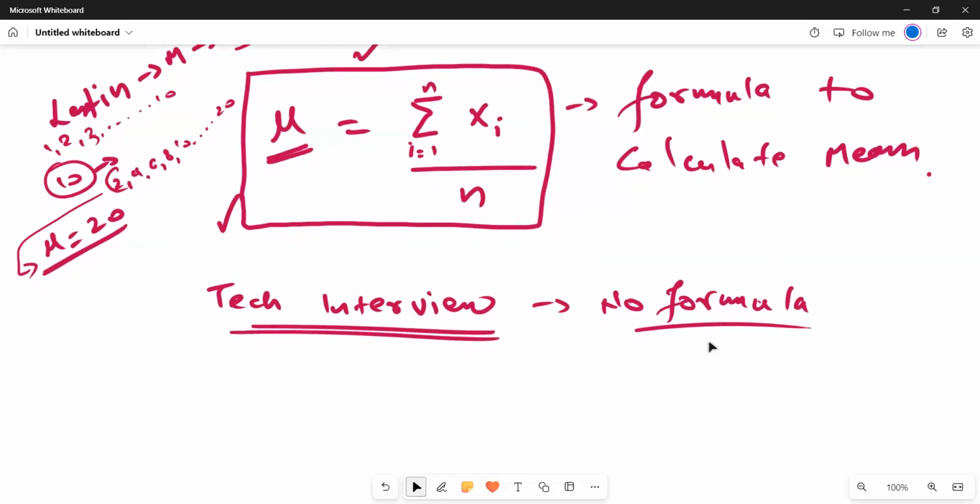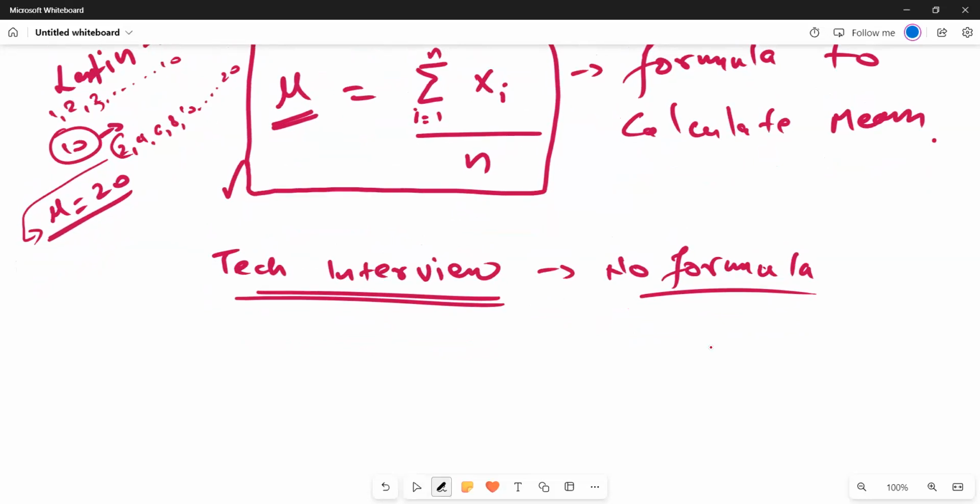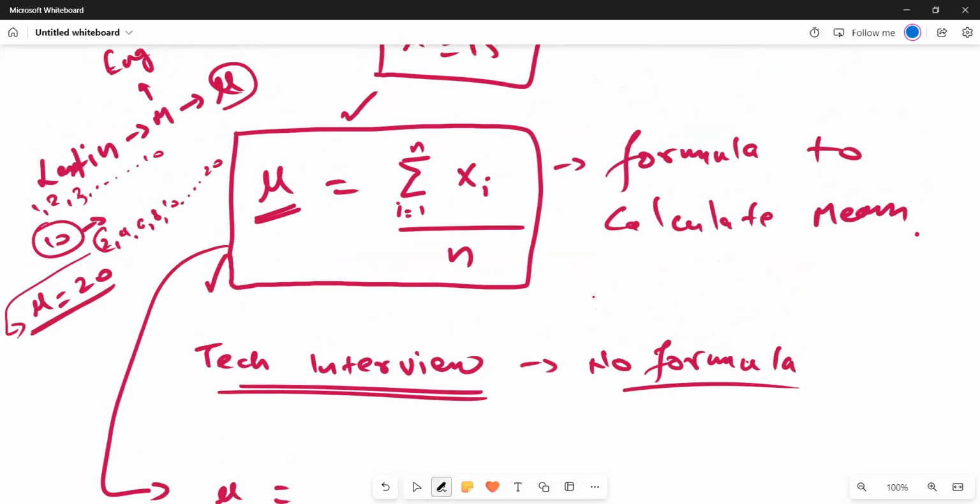Let me give you an overview of how mu is expanded in this particular formula.